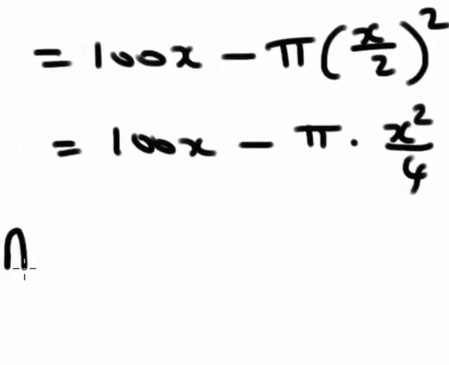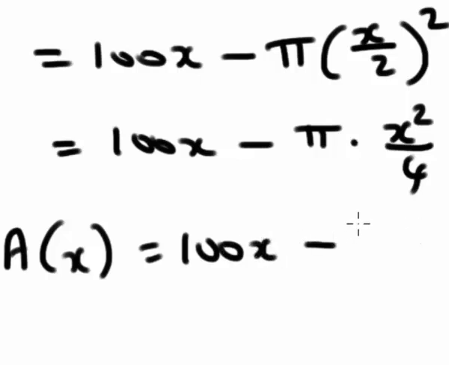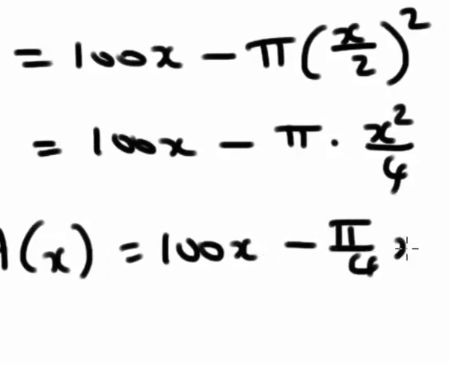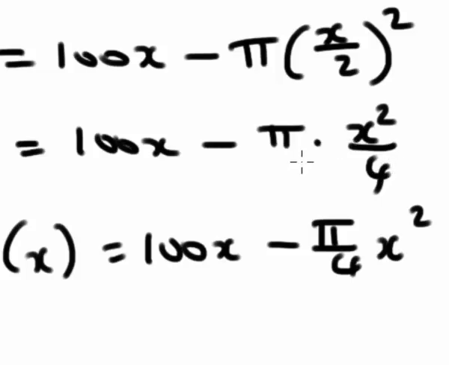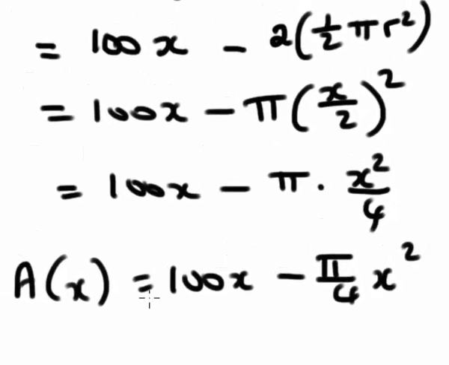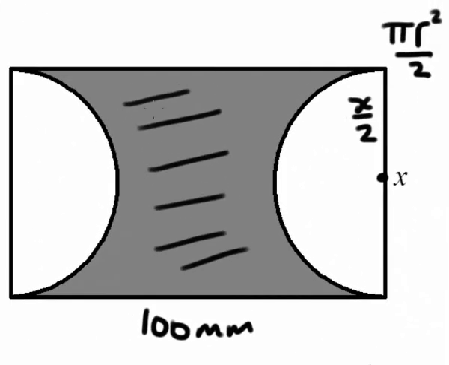So in other words, your shaded area is 100x minus pi divided by 4 x squared. Look at that. Okay, just make it into that form. They might say to you, show that the shaded area is given by this. That would be nice of them. I've worked it out. Okay, now, what must the value of X be, or what is the maximum shaded area here? What must X be for this shaded area to be a maximum?